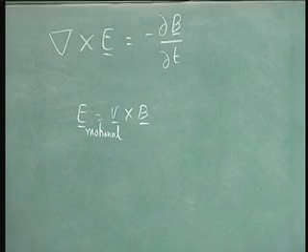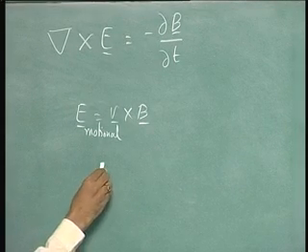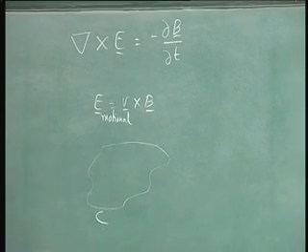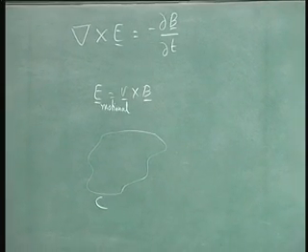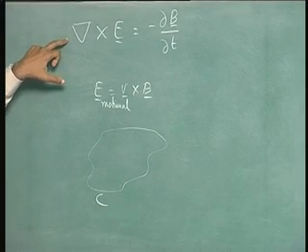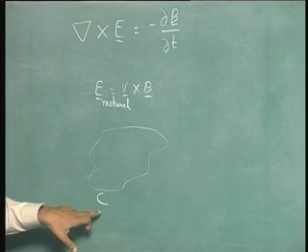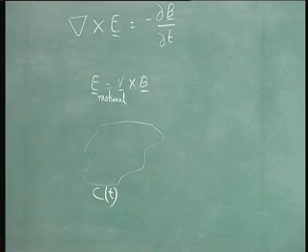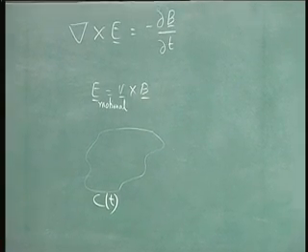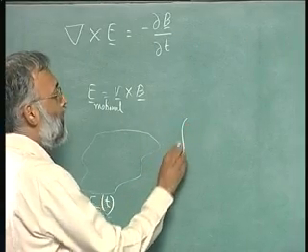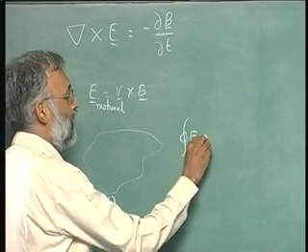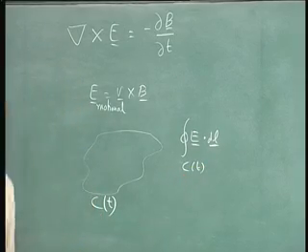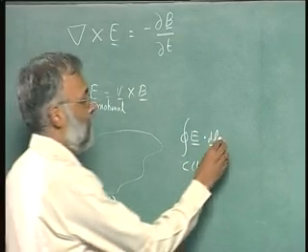So what I will do is I will start with a loop, I will call it C, and I will apply Faraday's law to it. Now this loop is moving in time, so C of t. So loop integral E dot dl on this loop, which is a function of time, is what I would call EMF.